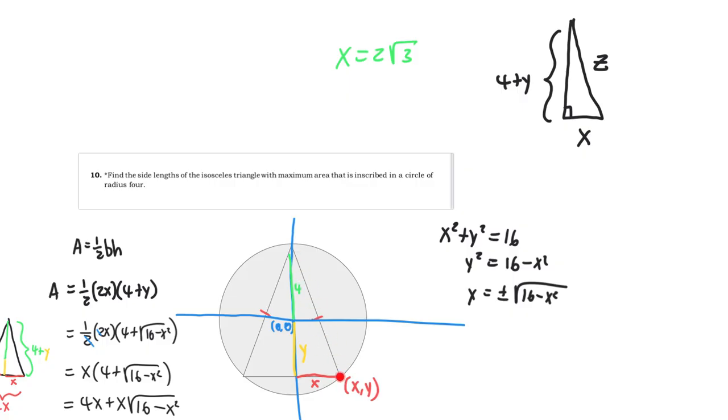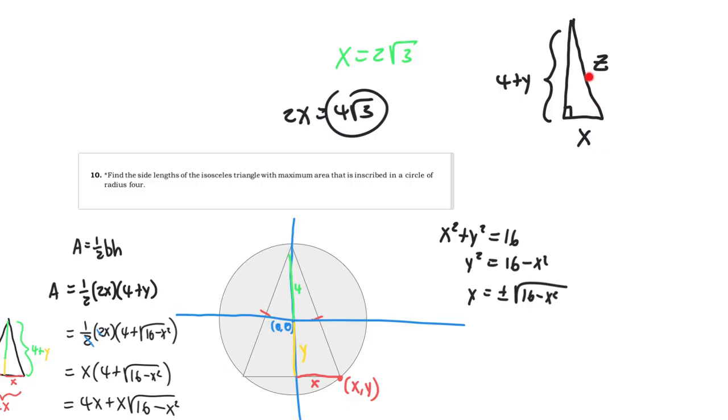That's at least one of the side lengths. We'll call that z. I think we understand that that is z as well, right? This is 2x, so that's going to be easy. In fact, we could get that over with. The 2x part is going to be 4 radical 3, right? So that's one of the side lengths. That's the side length on the bottom.